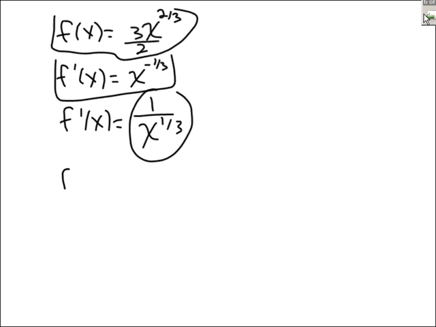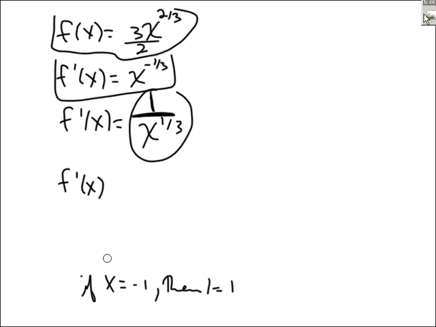Well, f prime of x never equals 0, because a must for a fraction to equal 0 is that the numerator has to be 0. 1 is never 0. Couldn't care what x is. It's insane to say 1 equals 0.